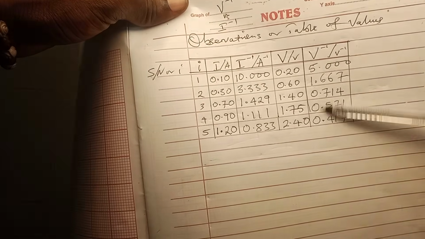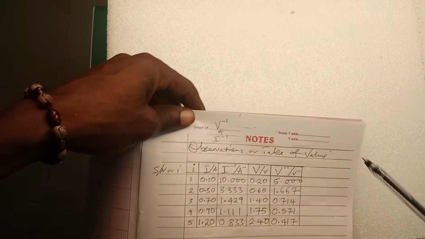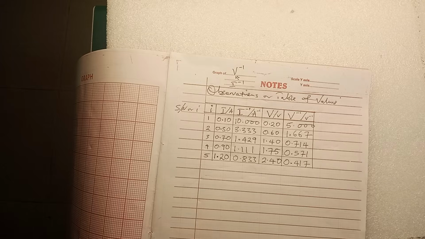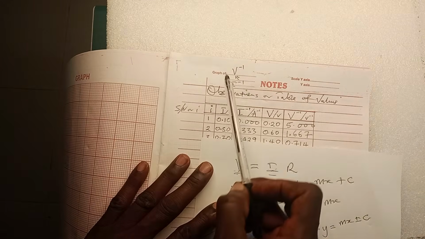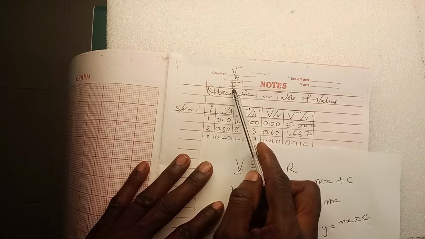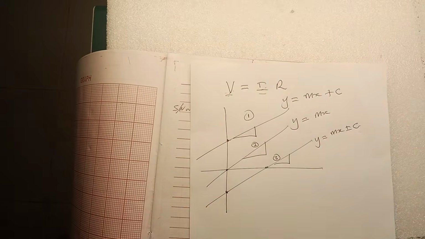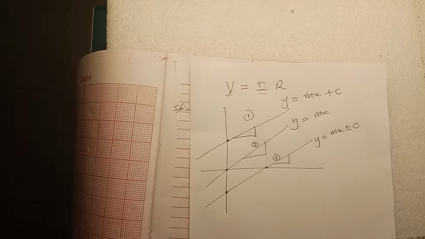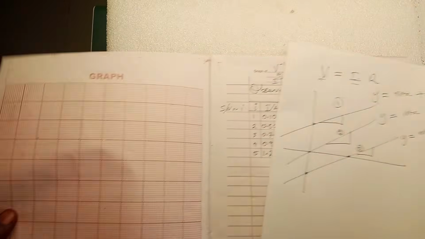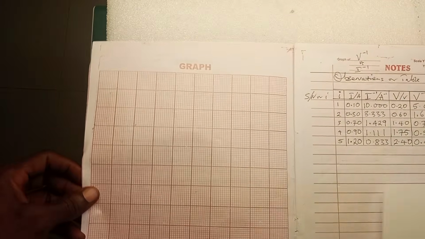So you have a decreasing trend. Whichever we are asked to plot, in this case a graph of V inverse against I inverse, we are going to plot a graph of decrease. So any of graph 1, 2, 3 will be the graph we get at the end of the day. The next line of action is for us to plot the graph.